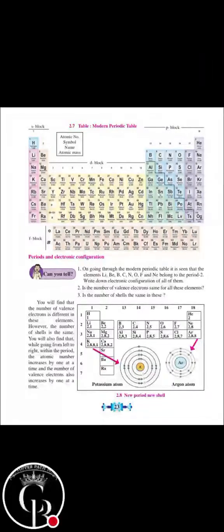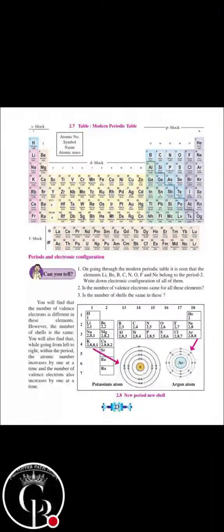When the properties of elements in the periods and groups of the modern periodic table are compared, regularity is observed in their variation. It is called a periodic trend. In the periodic table, the periodic trend is seen in three properties of elements, namely valency, atomic size, and metallic and non-metallic character.